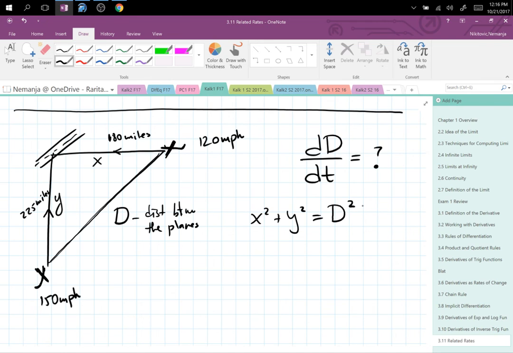Now we also have this 120 miles per hour. How do I write that in terms of mathematical variables? What is 120 miles per hour? Yeah, but what is it as a concept, and then eventually what is the variable that we have to use? Okay, speed. So what is that related to?